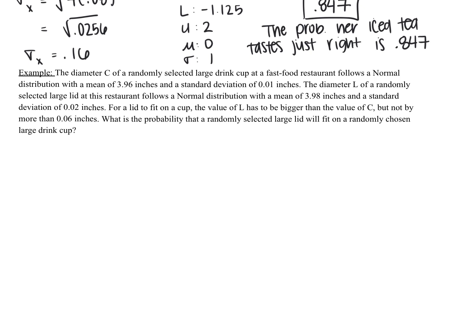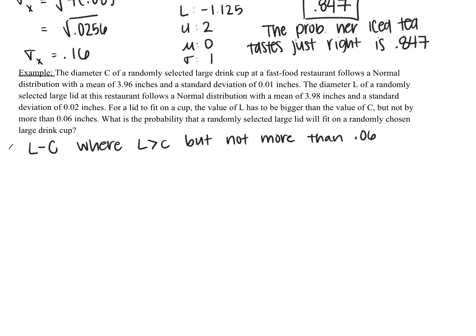All right, so a couple of things here. It's a little bit more of a confusing distribution. So the size of the difference, L minus C, between the lid diameter and the cup diameter, would be L minus C, where L is greater than C, but not more than 0.06.